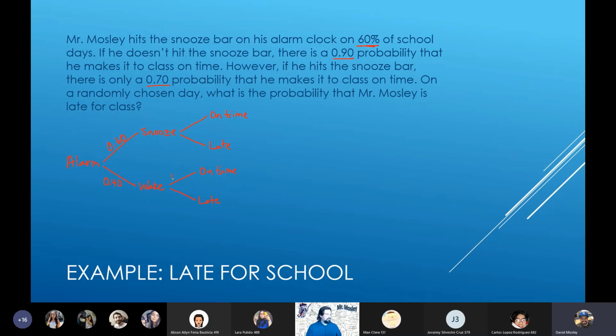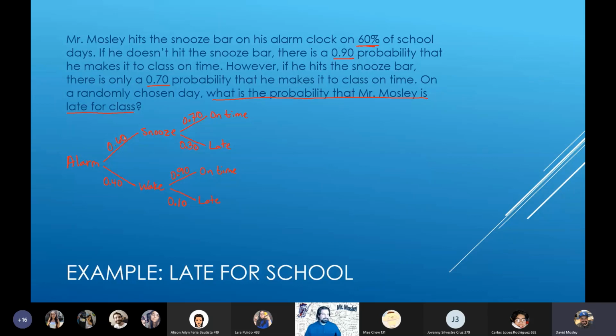So if I wake up, I have a 90% chance of being on time, which leaves only a 10% chance of being late. If I hit the snooze bar, there's only a 70% probability I make it to class on time, so that's a 0.7, leaving a 0.3 probability that I'm late, 30%. And we want to know the probability that I am late for class.